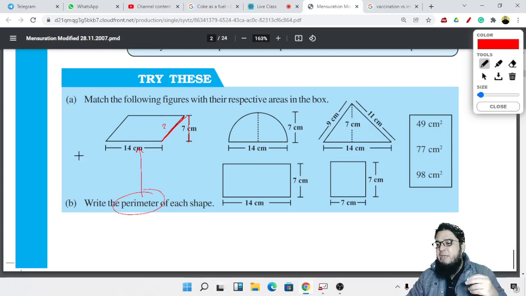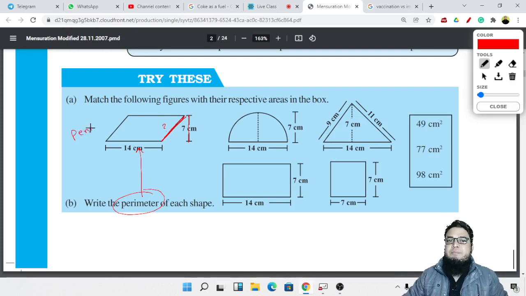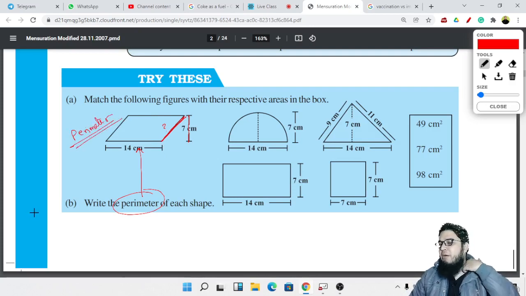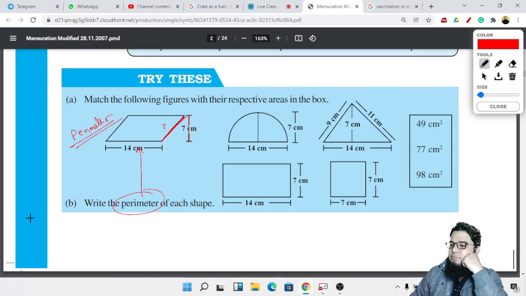You may take the help of the internet from the resources. Just apply your brain how you will calculate this so that to get the perimeter. Or is there any formula for the parallelogram for the perimeter? What the point? So this is your assignment, to calculate the perimeter of each shape given in this. That is all 5.